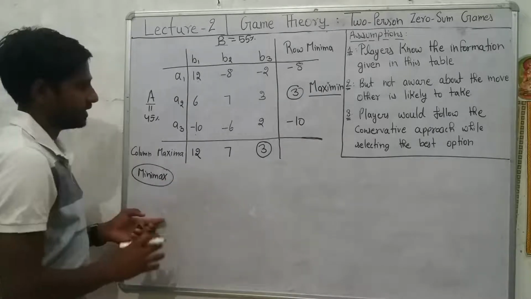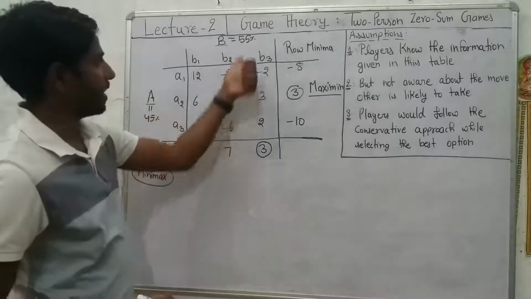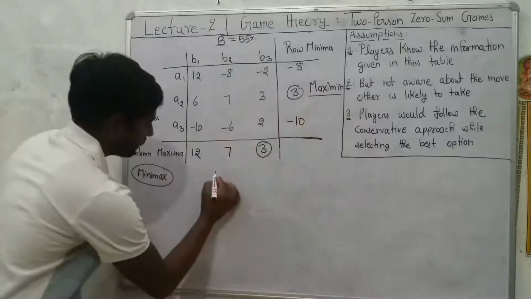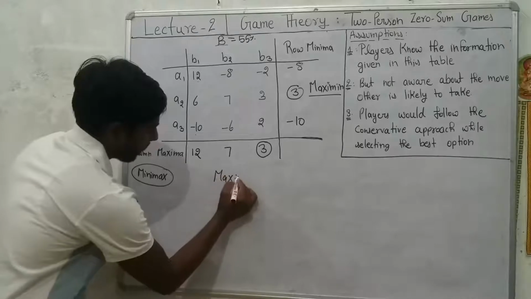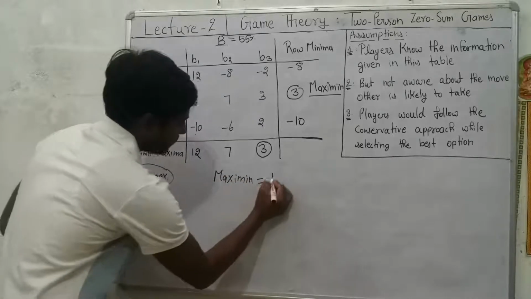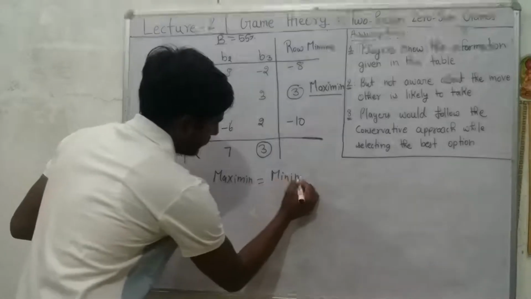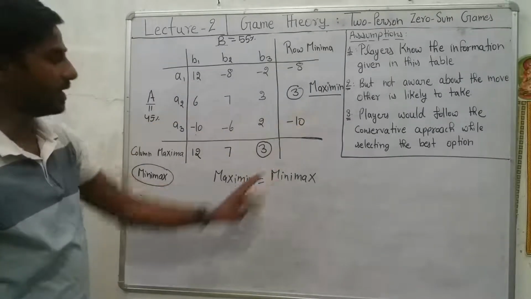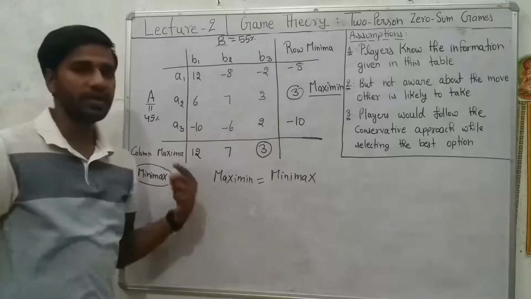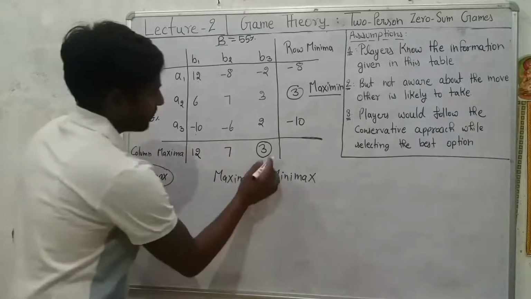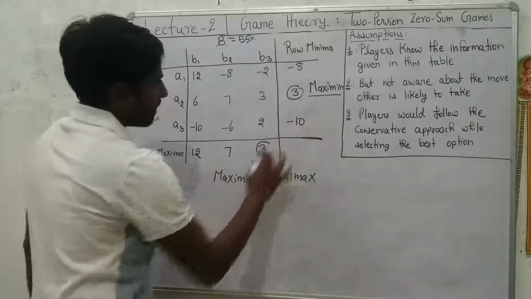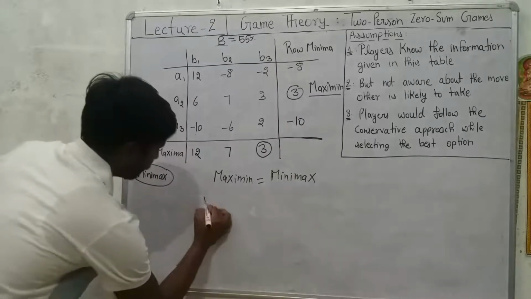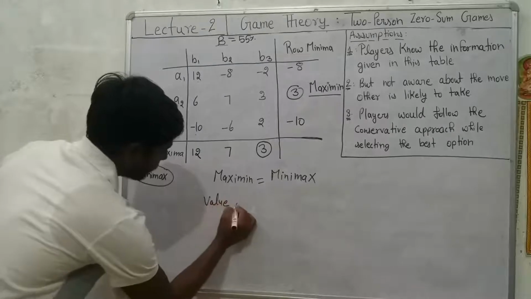So coincidentally, the maximin of A is equal to the minimax of company B. This value is known as the value of the game, or game value. What is the value of the game?